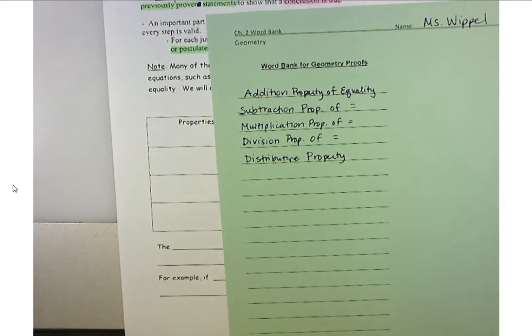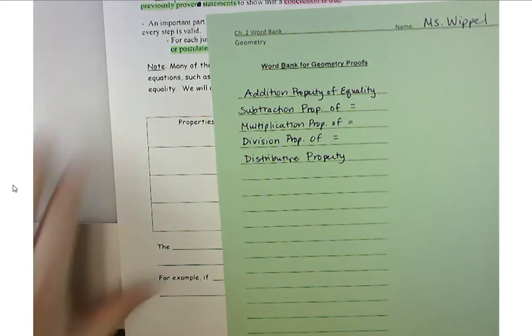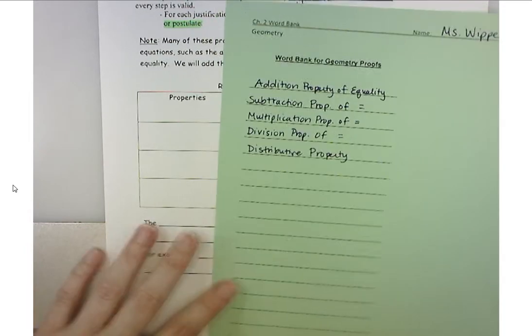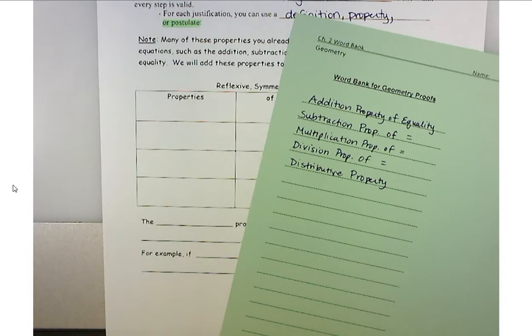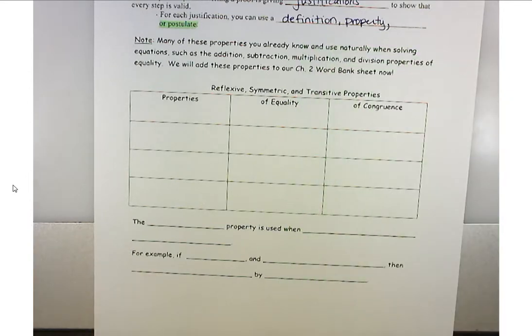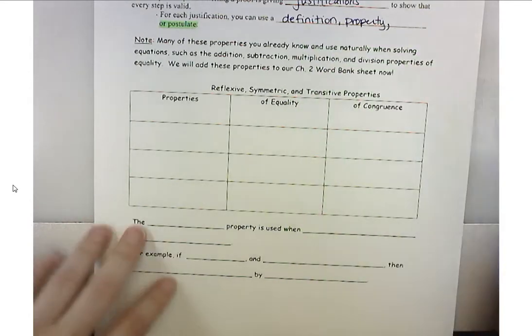So we are going to keep adding to this, but this is going to be your word bank for your proofs. When you have to put in a reason, you can use this word bank to help you figure out what the reason or justification is for your step. Now, there's a few properties that we're going to learn about today that I also had you define on your definition sheet, which I'll hand back to you.